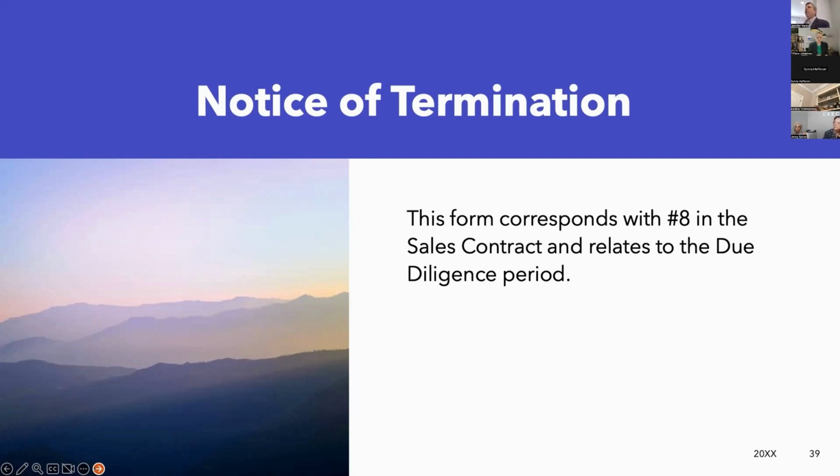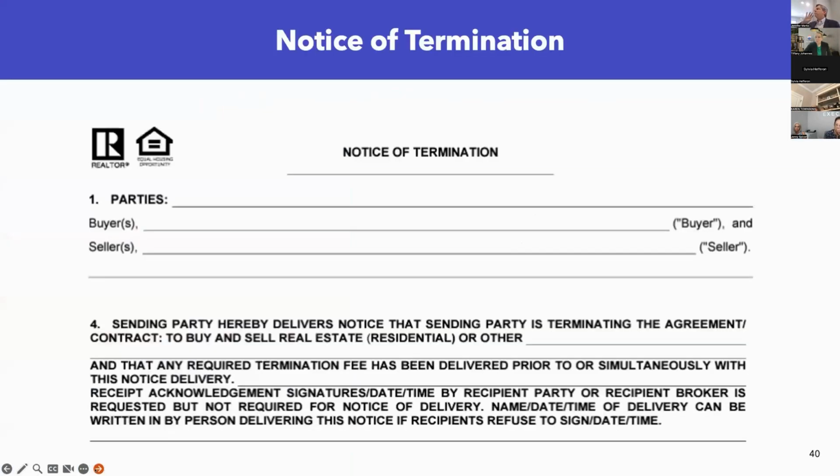So if a notice of termination is delivered by a buyer and I don't have a release as the closing attorney, I can't pull the termination fee out of the earnest money deposit. They're separate, okay? So the burden is on the buyer to provide that notice of termination.